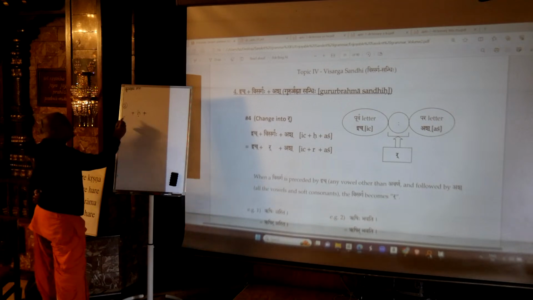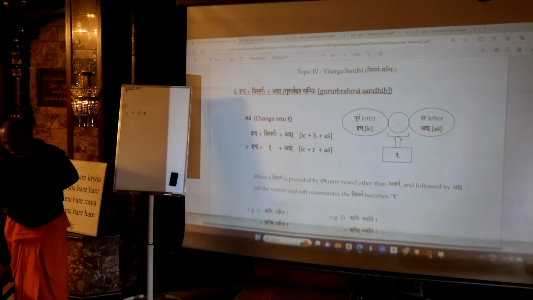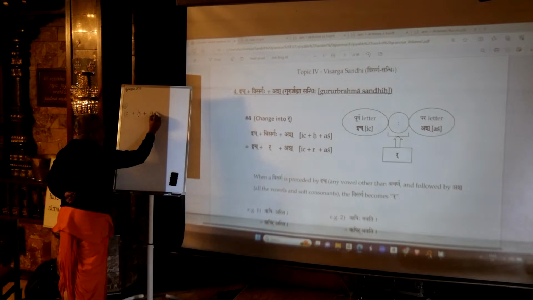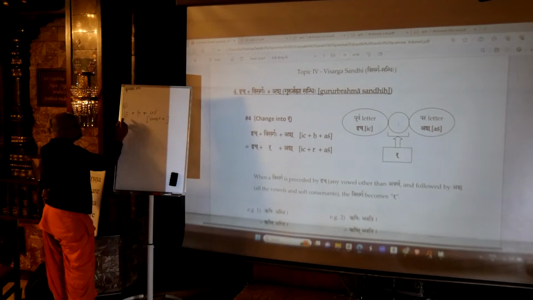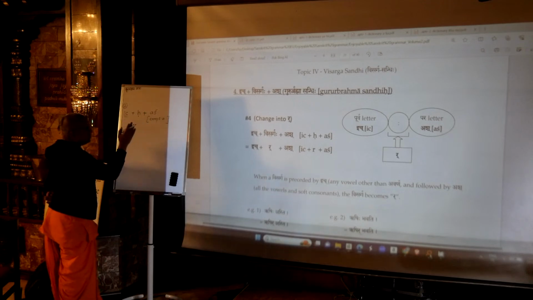See, you have ich, meaning the pratyahara ich, plus visarga, followed by ash, meaning all vowels and the soft consonants. Except a, because we have already dealt with that. So ich would mean all the vowels apart from akara.